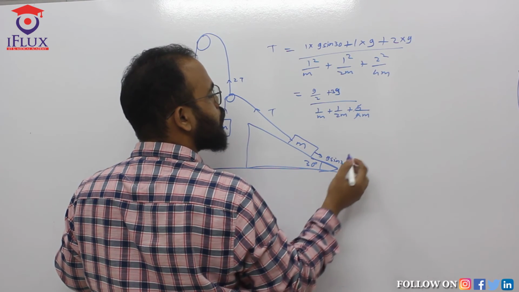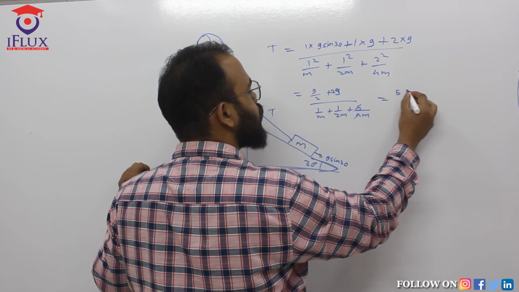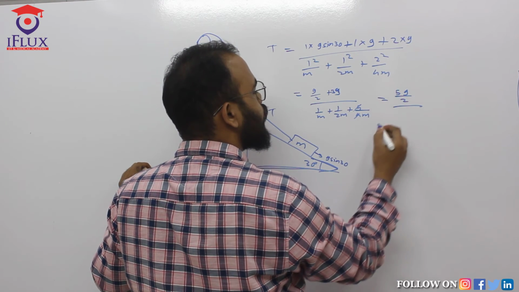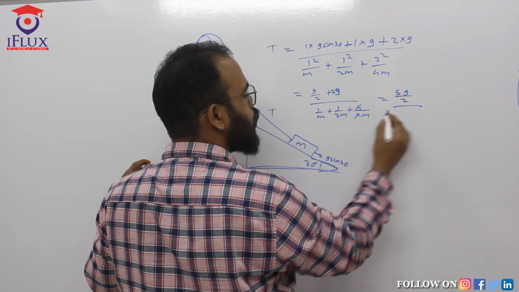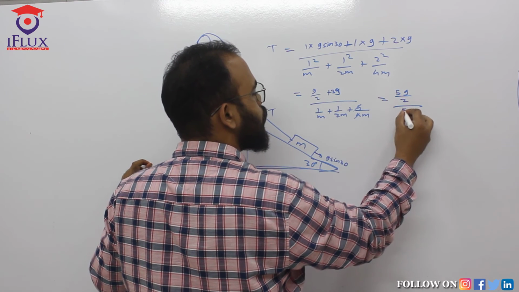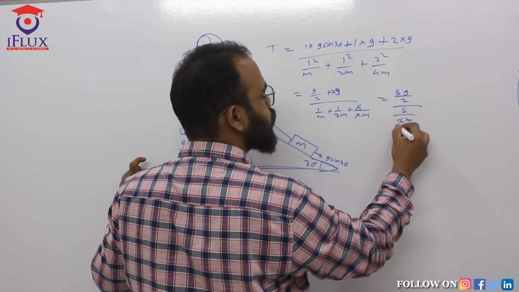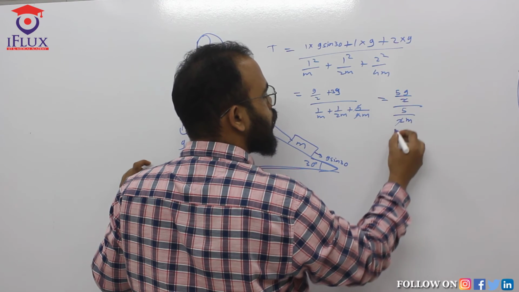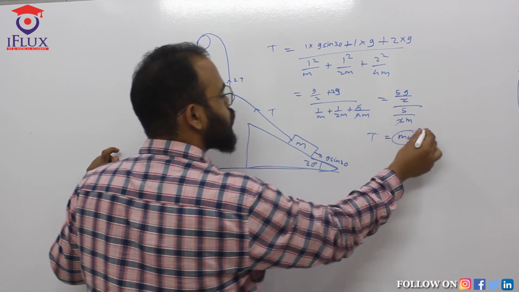So this will again be 1 upon m. So you will get the answer as, this will be 5g by 2 divided by, this will be how much? This is 2, so I have to make common denominator 2. So this will be 5 upon 2m. If you simplify this, it will be mg. So tension you are getting it as mg.